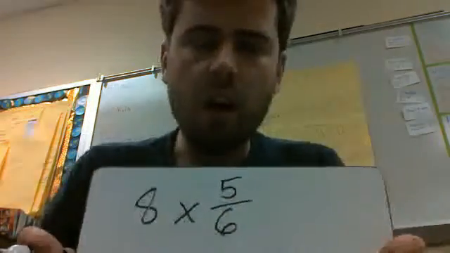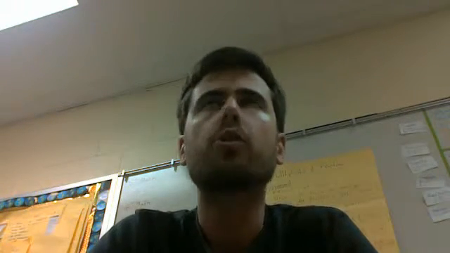Alright, so hopefully at this point you feel a little bit more comfortable with multiplying fractions. It's actually pretty simple. We talked about how multiplying fractions is the same thing as repeated addition, and then we learned a strategy where instead of having to add 2/3 plus 2/3 plus 2/3 plus 2/3, for example, we would just multiply our numerator times the whole number that we were given.